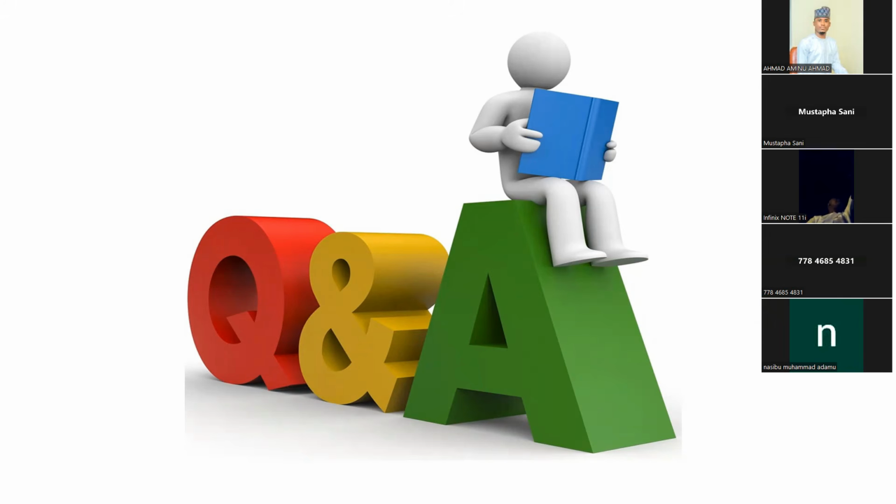So please, if you have any question about what we discussed, especially those that were with us in the first class, please drop your question. I'll respond to that question, and we can call it a day.